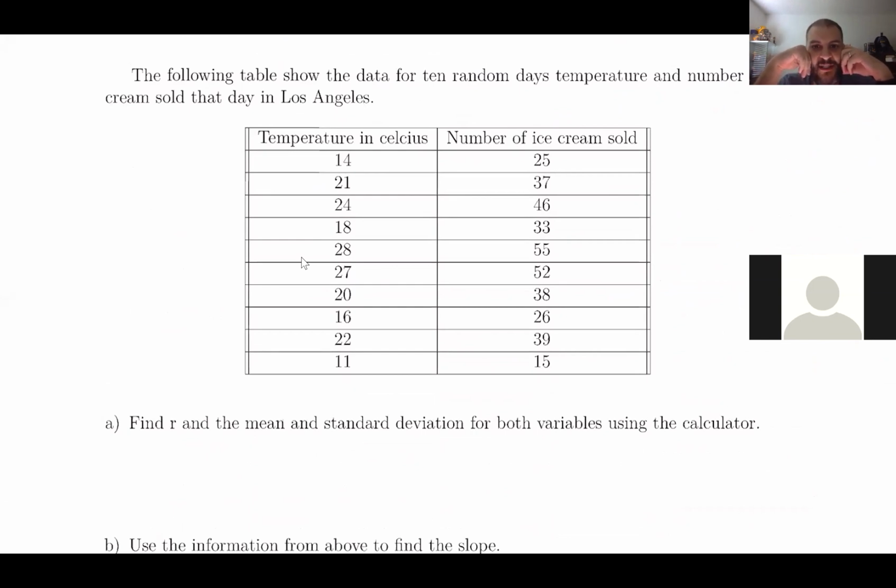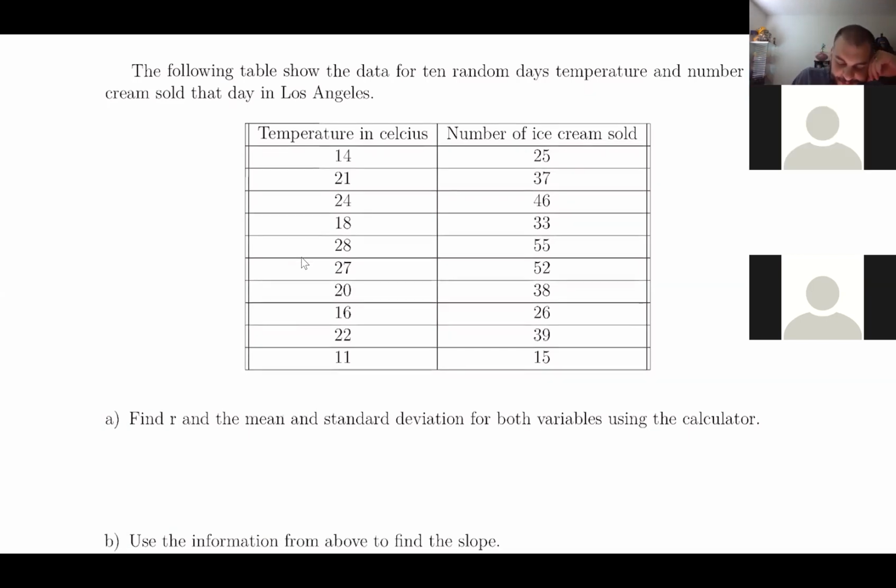So we have our temperature and the number of ice creams sold. The first thing we want to do is label it. Which one should be my X variable? Temperature, good. So temperature is X, and Y is the number of ice cream sold.